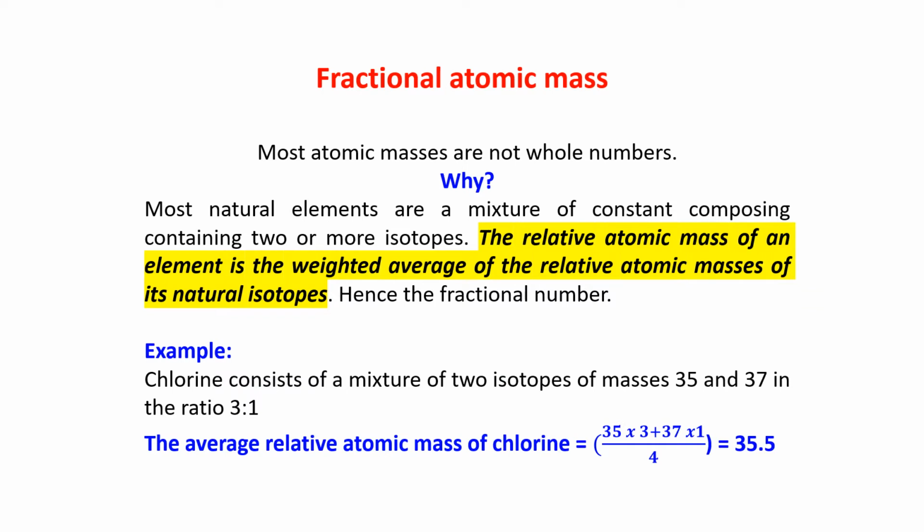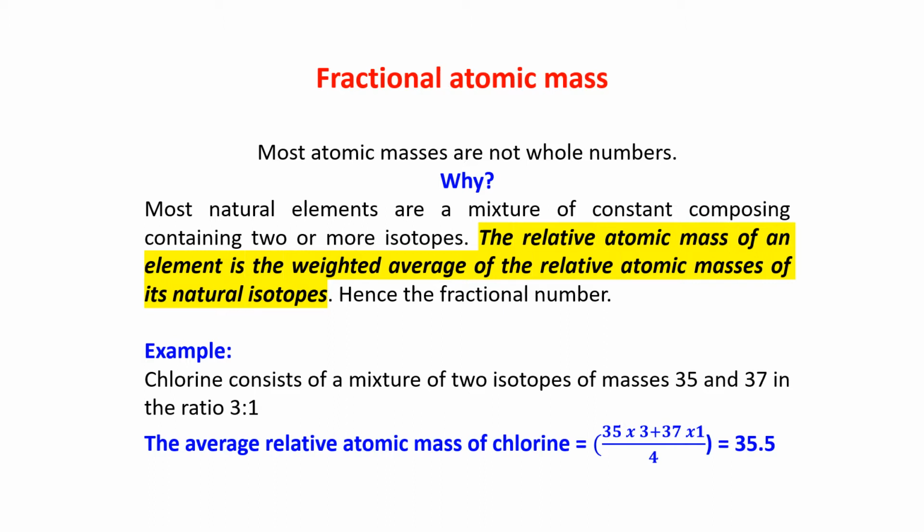Now you can see that most atomic masses are not whole numbers. Like chlorine, the mass of chlorine is 35.5. Why is it so? Most natural elements are a mixture containing two or more isotopes.